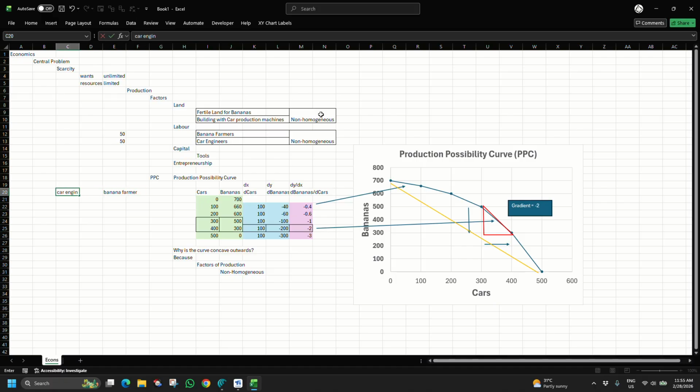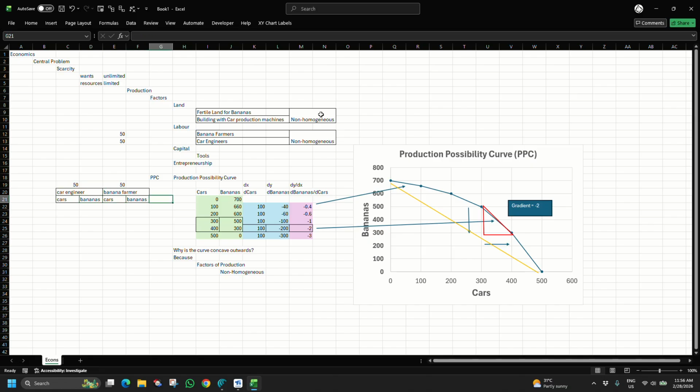Banana farmers can be put to make cars, and car engineers can be put to make bananas. So you have 50 car engineers and 50 banana farmers.